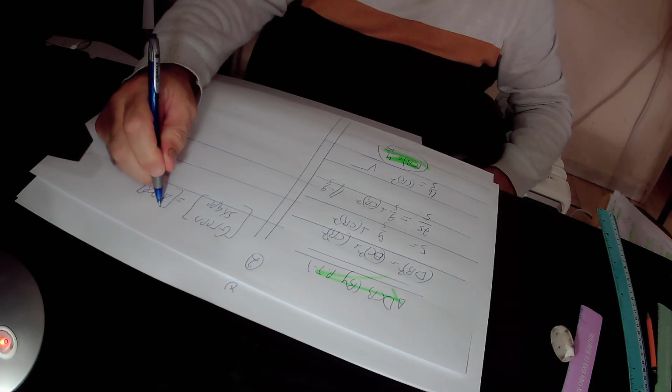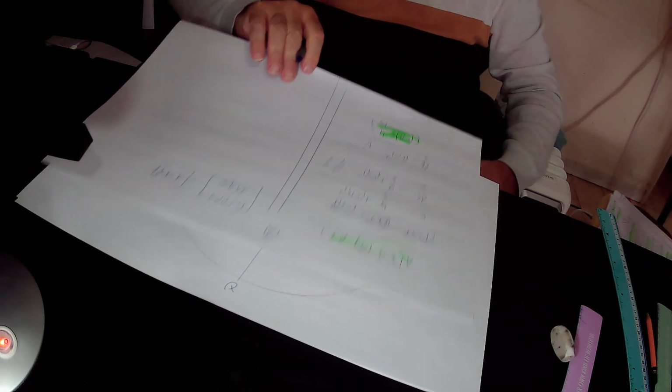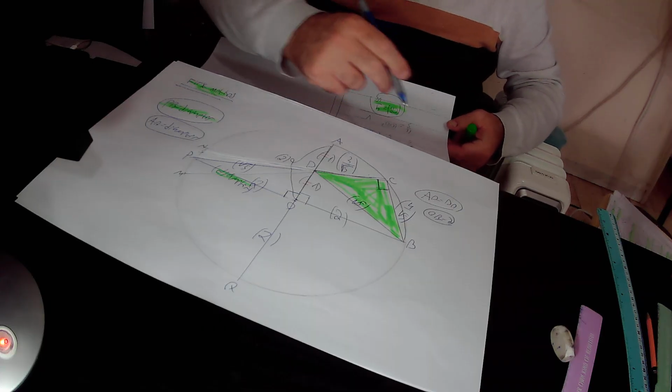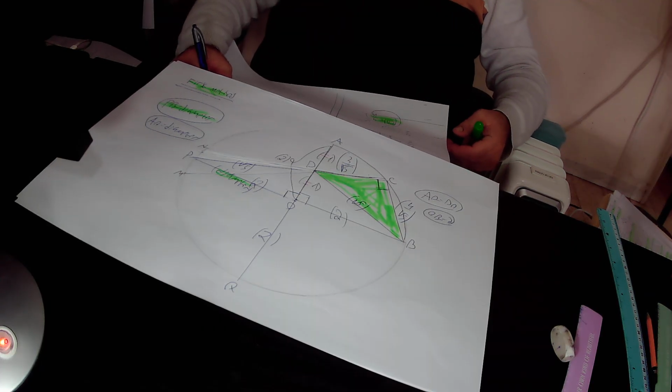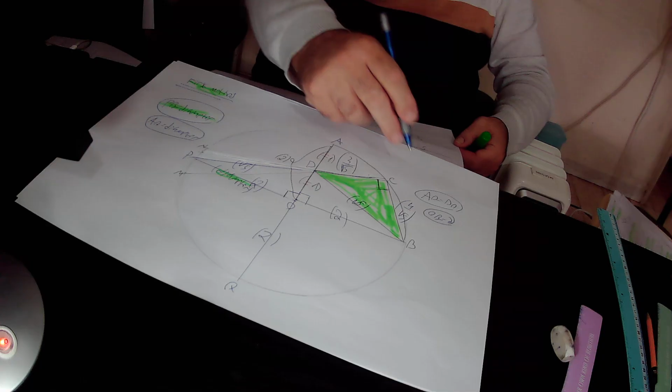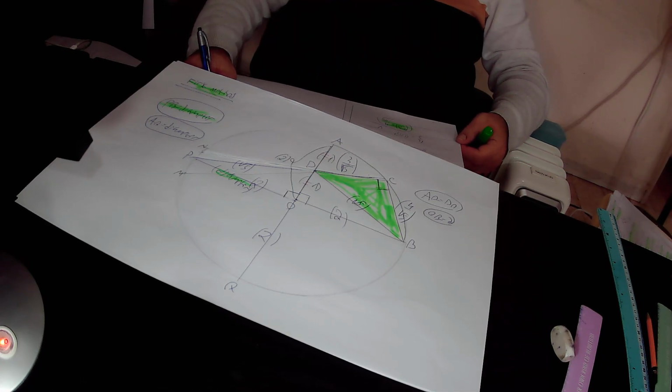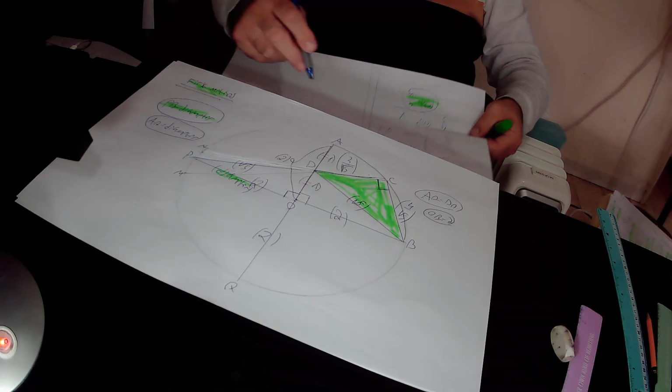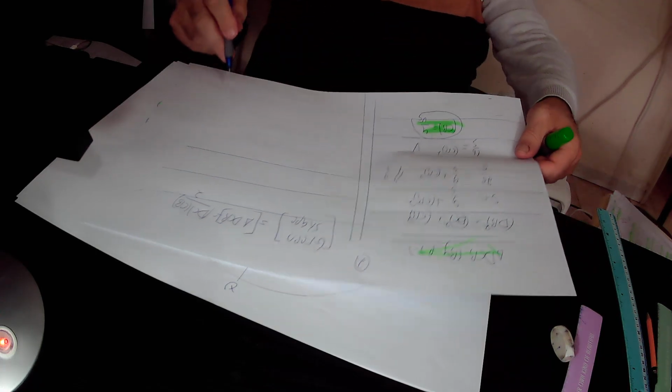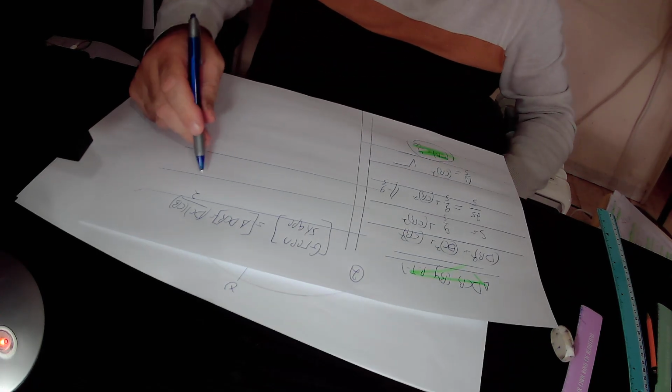The area of the green triangle DCB is equal to the base DC times the height CB over 2.